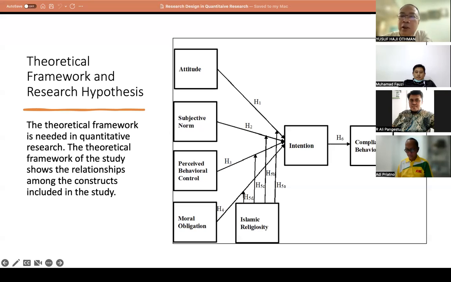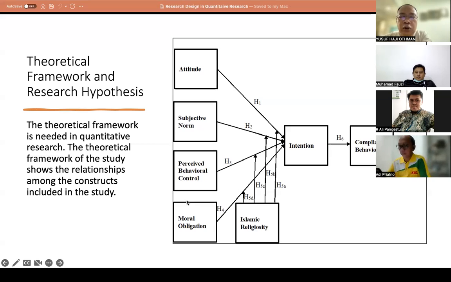It includes also the new variables that you introduce so that it could be your contribution. So in this case, the common variables used in previous studies are attitude, subjective norm, perceived behavioral control, intention, and compliance behavior.